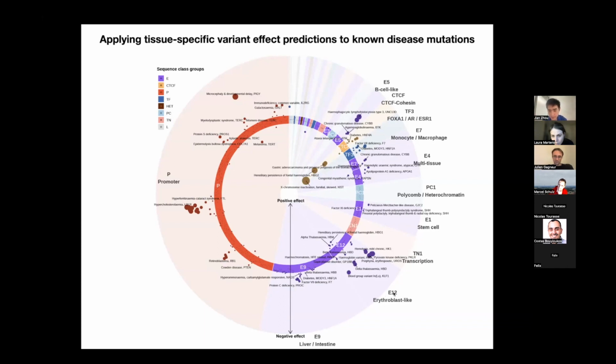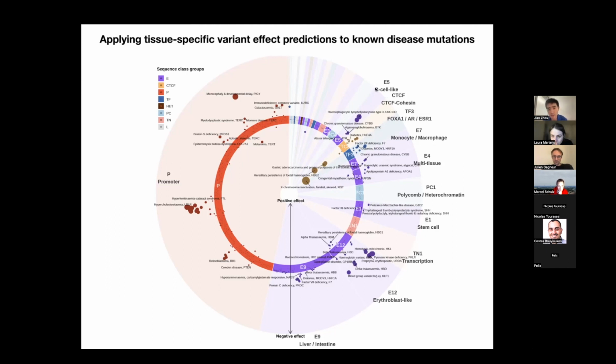And for the erythroblast-like enhancers, those mutations that have an effect in erythroblast-like enhancers are causing phenotypes in the red blood cells, which are also consistent with the prediction. And also for the stem cell enhancer, those mutations that cause a decrease in stem cell enhancer activity are those that cause a developmental phenotype, right?